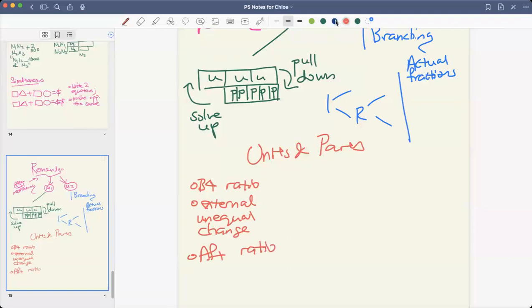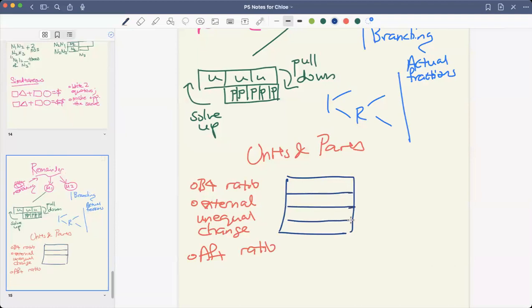Okay, this one, you will have to draw your HDB flat. Then before, change, after, object 1, object 2, and of course you have your parts. These are your units. That's why it's called units and parts.